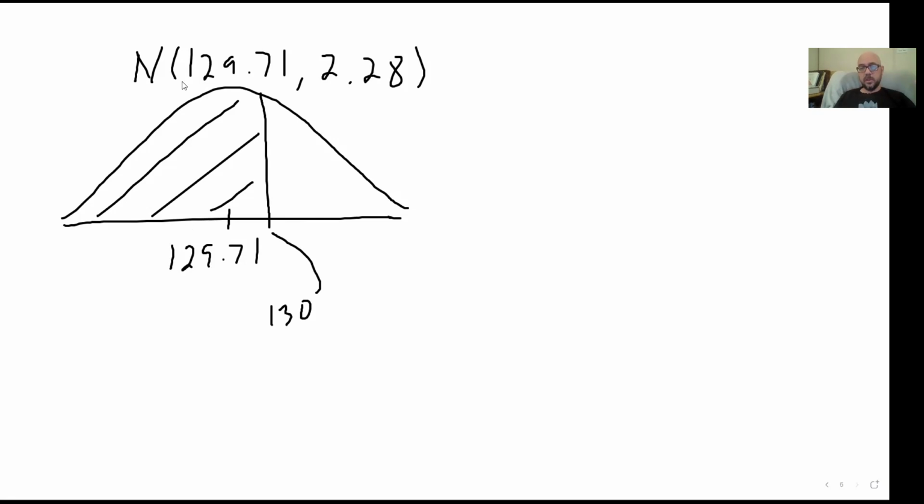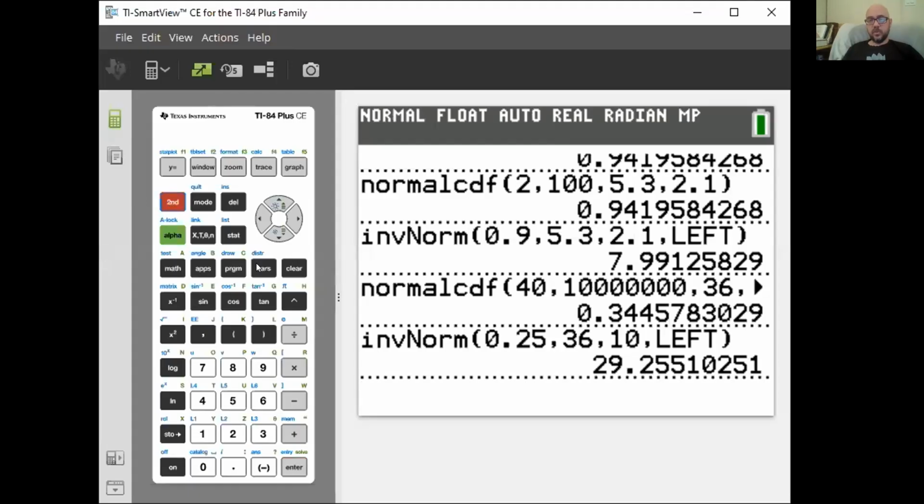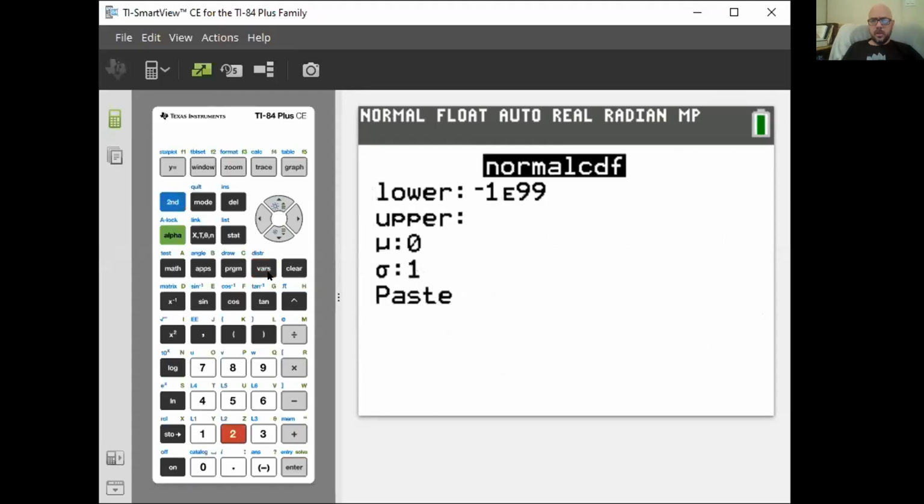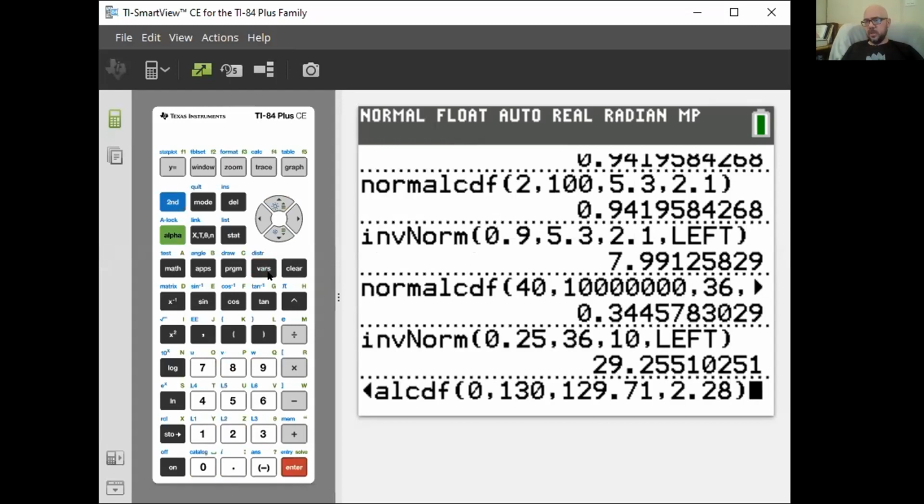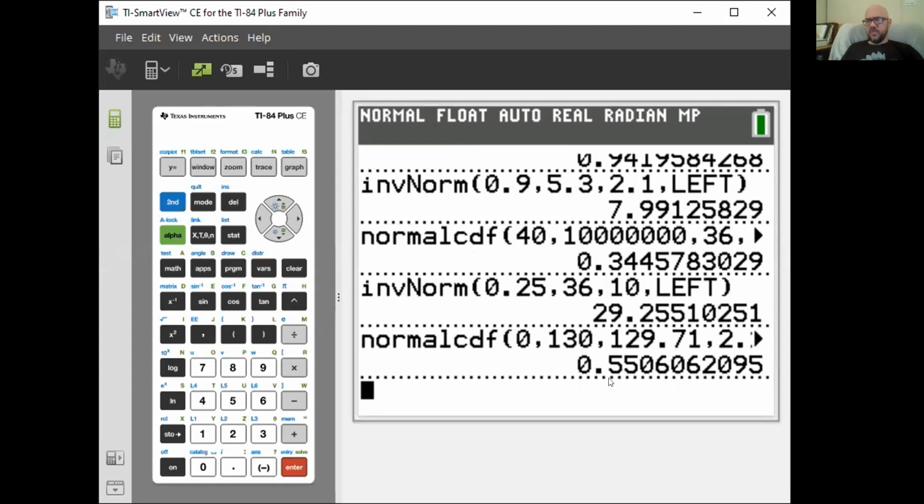So normal CDF, 0 up to 130, with mean 129.71 and standard deviation 2.28. Excuse me, I messed that up, I apologize. There you go. About 55%, 55.06%. All right, what else did they ask?